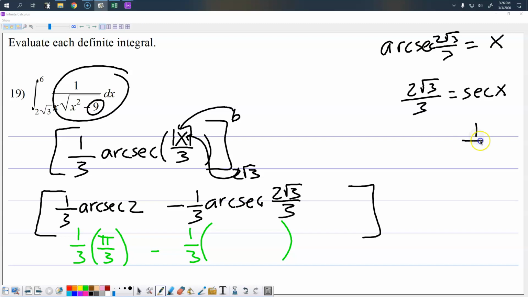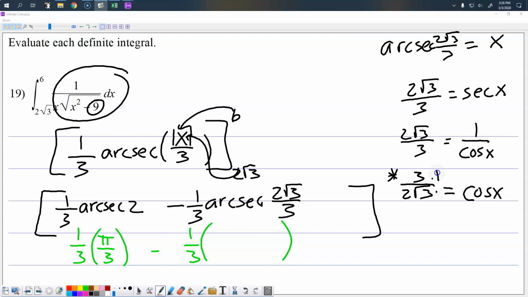Next, we're going to change this to cosine. 1 over cosine of x is the same thing as secant x. And I'm going to turn this into just normal cosine if I take the reciprocal on the right side, which I'm allowed to do so long as I also take the reciprocal on the left side. And unfortunately, if you're using the unit circle, you're not going to recognize this because it's not in simplest form, so you need to rationalize it.